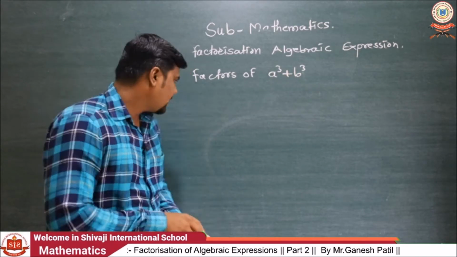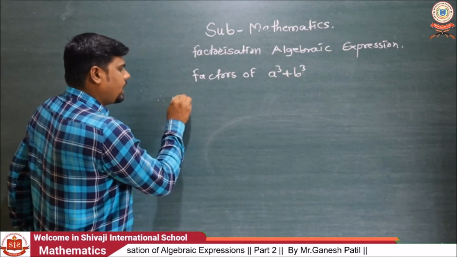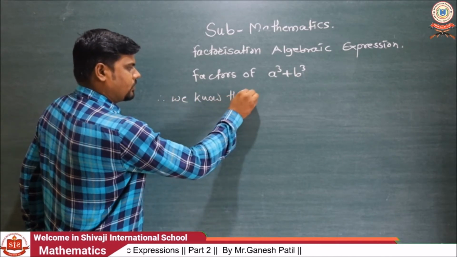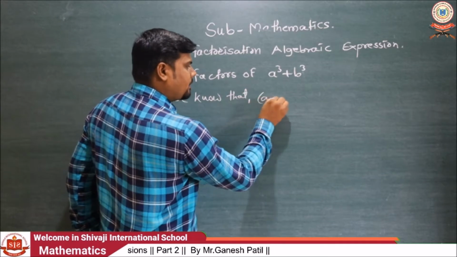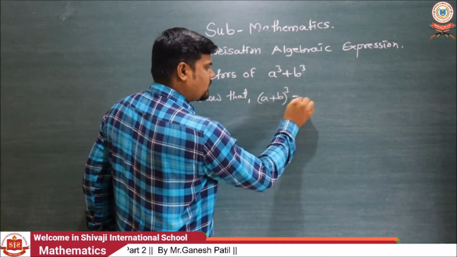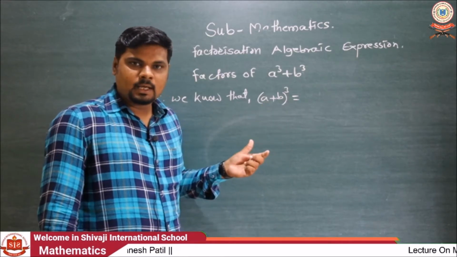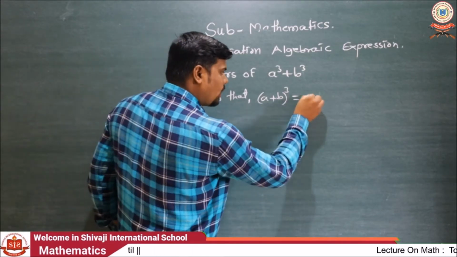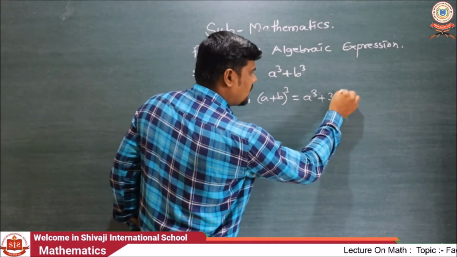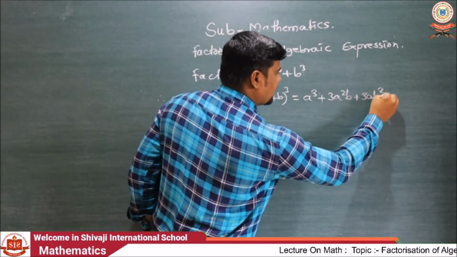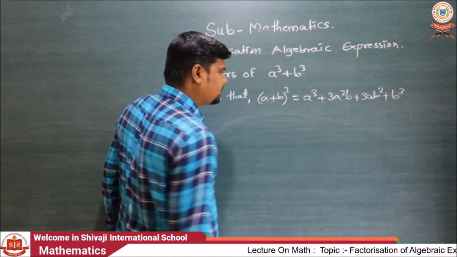Now see, we know that (a plus b) whole cube is equal to a cube plus 3a square b plus 3ab square plus b cube.